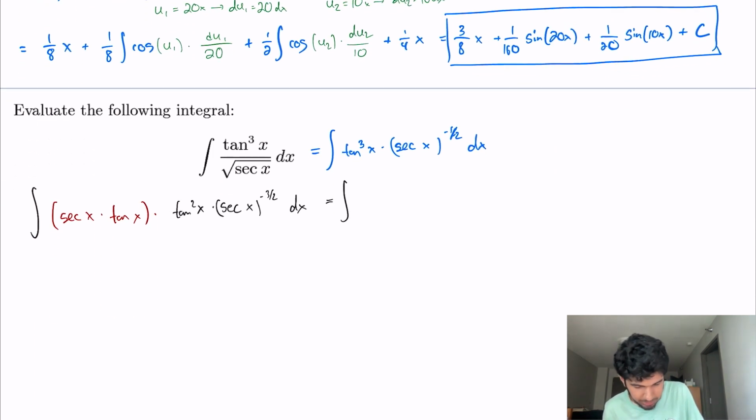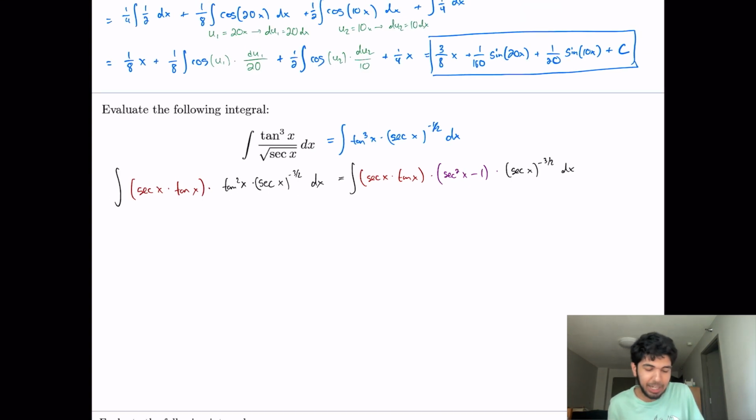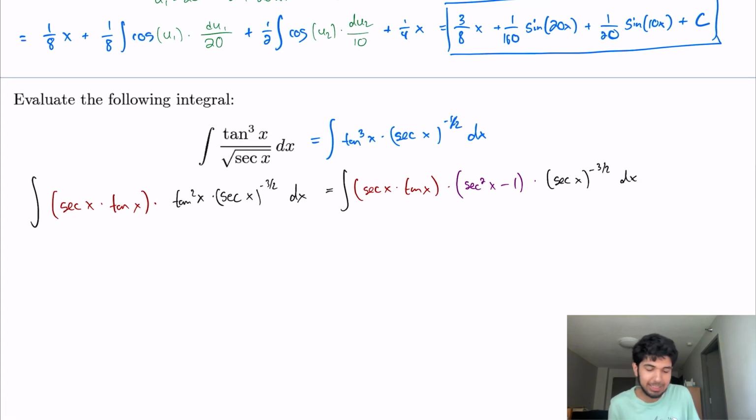We're left with the integral of secant x times tangent of x times, we'll replace tangent squared of x with secant squared of x minus 1. And then we'll multiply that with the leftover term. And again, you see that pattern where you have the saved term, the substituted term, and the leftover term.